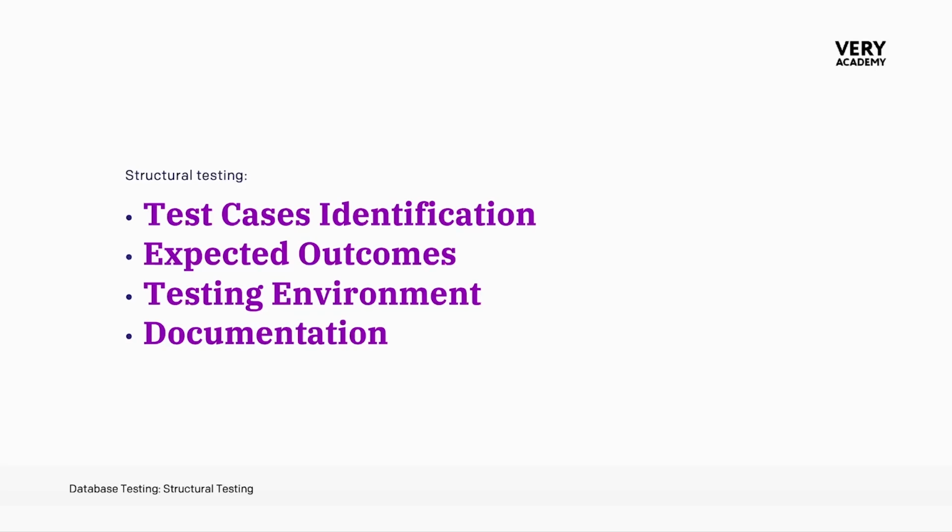This ensures the testing process doesn't interfere with ongoing database operations. Now, at this point, we are just testing our Django models, not the database. So we don't need to set up a non-production database environment just yet, but I will take you through that process as and when we start structural testing our database.